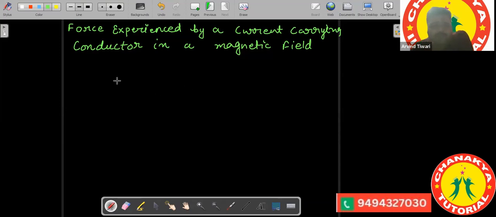So various examples and activities are given. Like, you will find one activity has been done with the help of mercury. In your NCERT, you will find an experiment which is done by using a bar magnet.